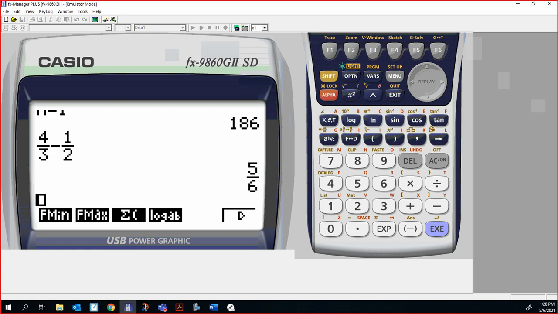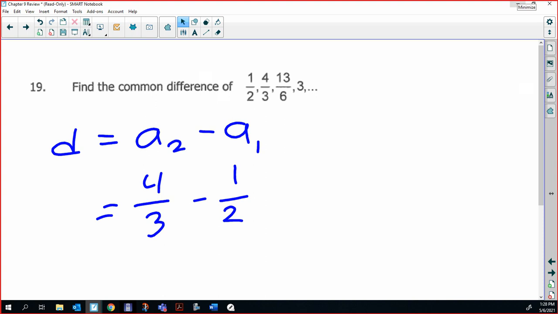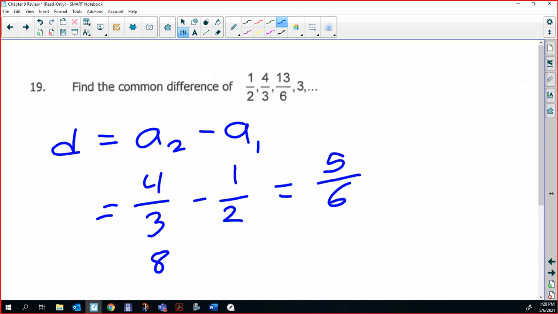I think those numbers are right. 5/6. Notice how it has a common denominator. Because that would have been 8/6 minus 3/6 is 5/6. It's the same thing. That's common difference. You just subtract the 2 terms.